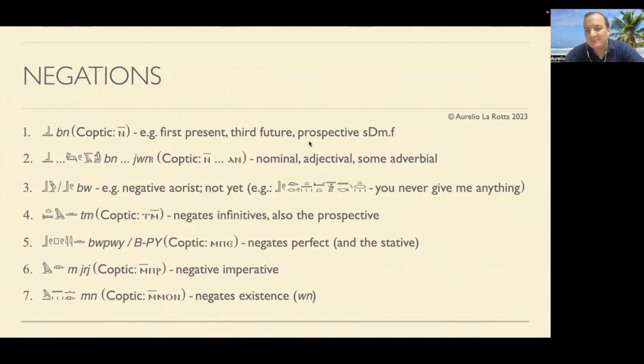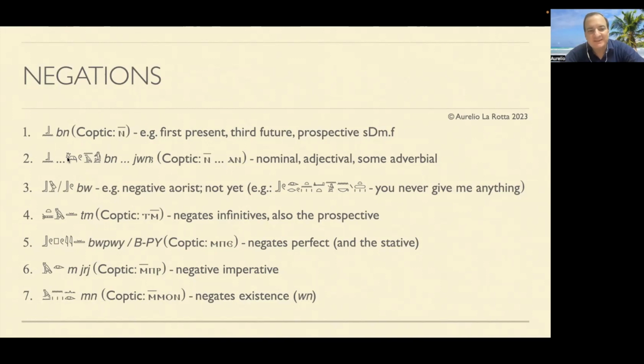And then you also have some bona fide verbal constructions like the sDm=f, the prospective sDm=f, may I do something, or I will do something. They all get negated with bn. So you just basically slap the bn in front of it and make them negative. So instead of tw=i hr sDm, I am hearing, it would become bn tw=i hr sDm, I am not hearing.